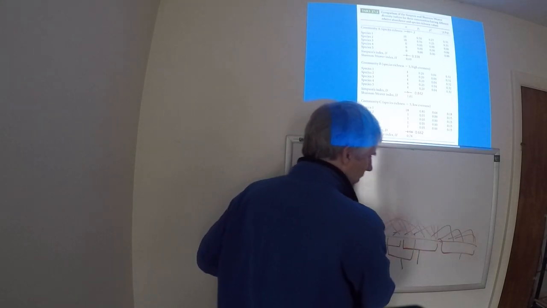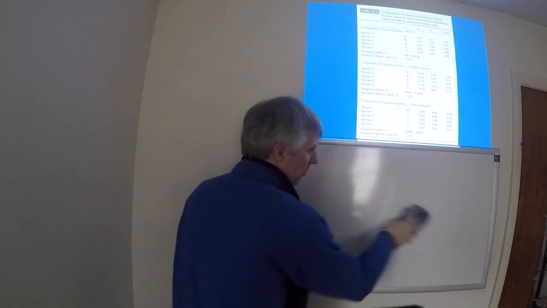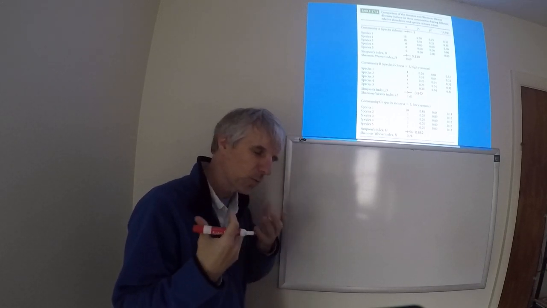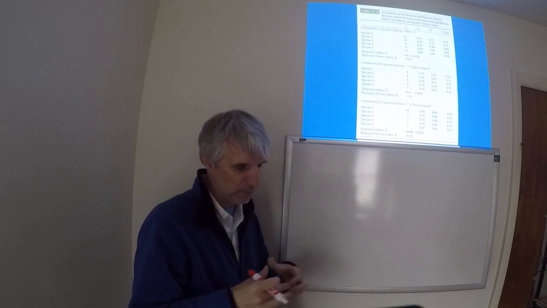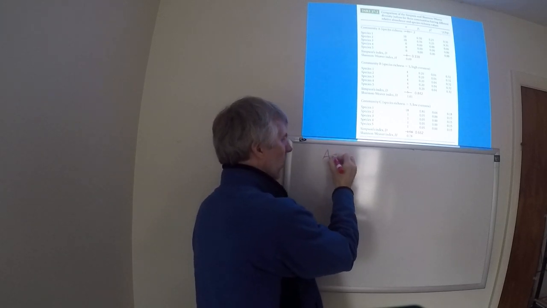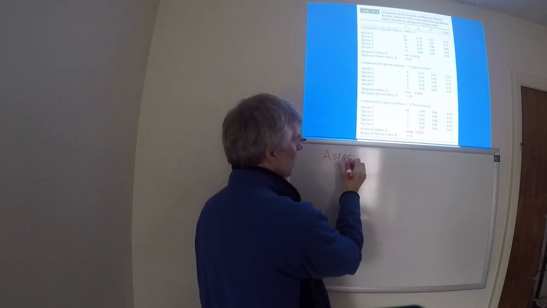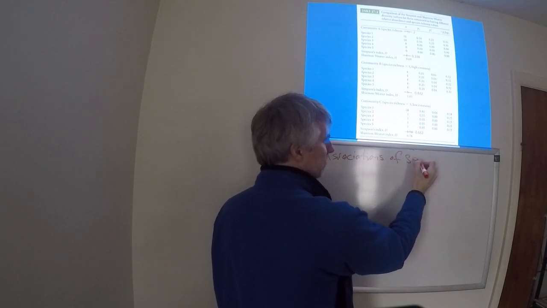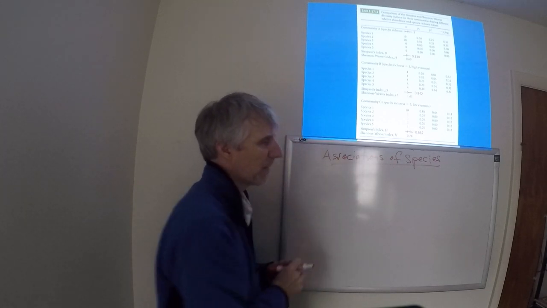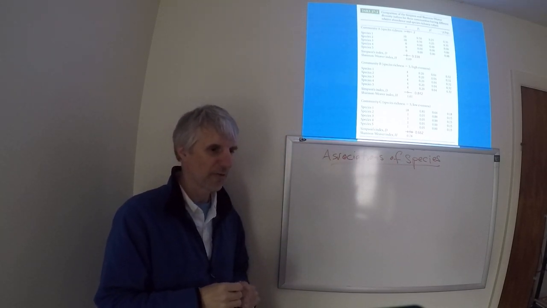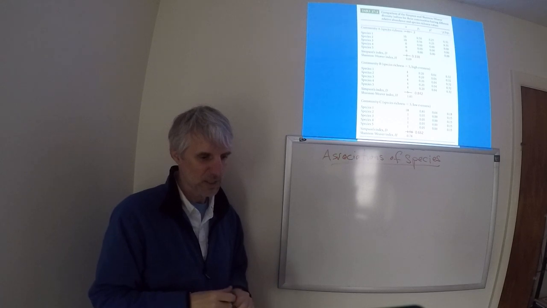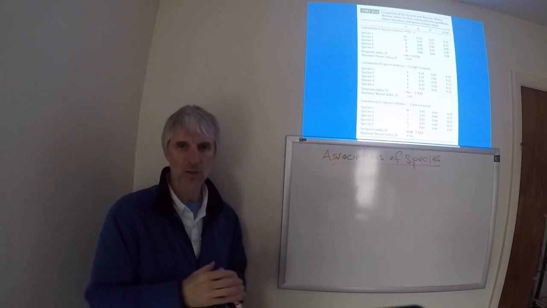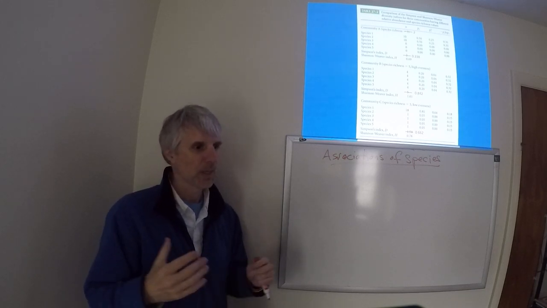Now, there is another approach that you might use, and that's to basically say, well, I don't really have a described community. What I have are basically associations of species. And then my community is not defined by the species that are there, but defined by positive or negative associations between species.